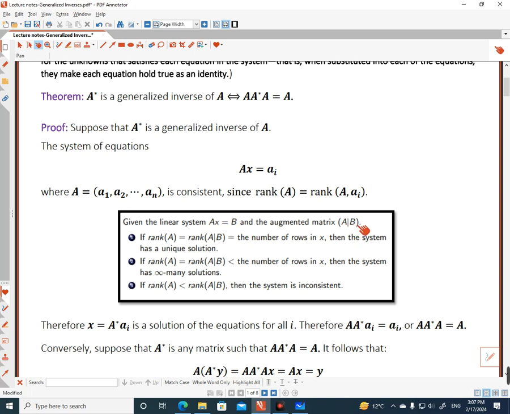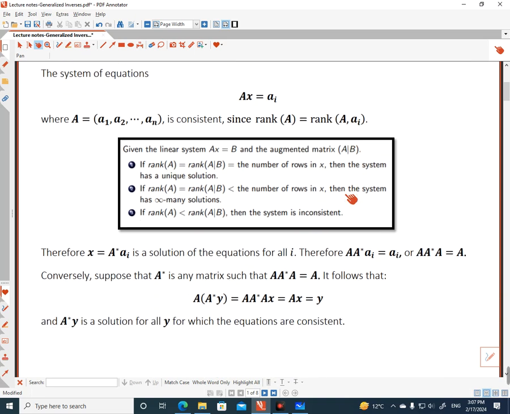So I put b on the right hand side of A, and if the rank of A is equal to the rank of this augmented matrix, equal to the number of rows in x, then the system has a unique solution. Unique solution means a consistent system of equations. Since our system of equations is consistent, it happens. It means that I have this equality.